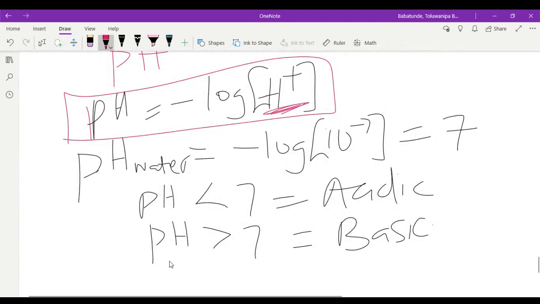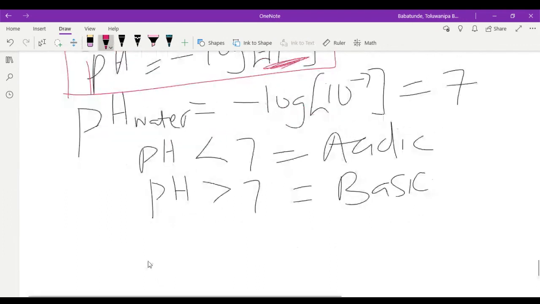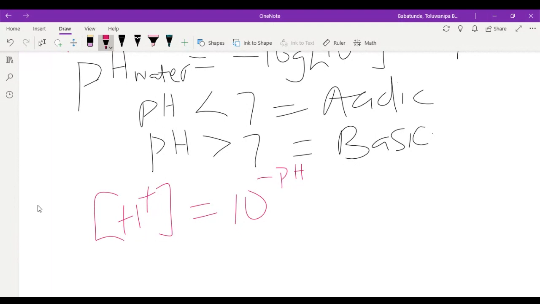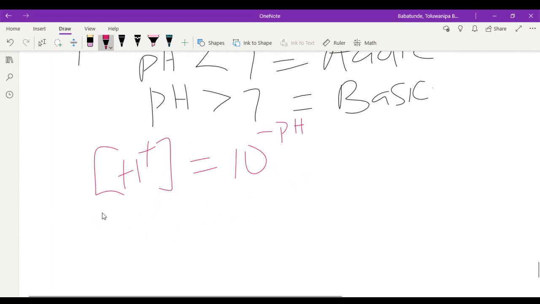If we know the pH and want to find the hydrogen ion concentration, we can say our hydrogen ion concentration is equal to 10 to negative pH. We can use this to solve problems, because we can be given the pH and asked to find the hydrogen ion concentration.